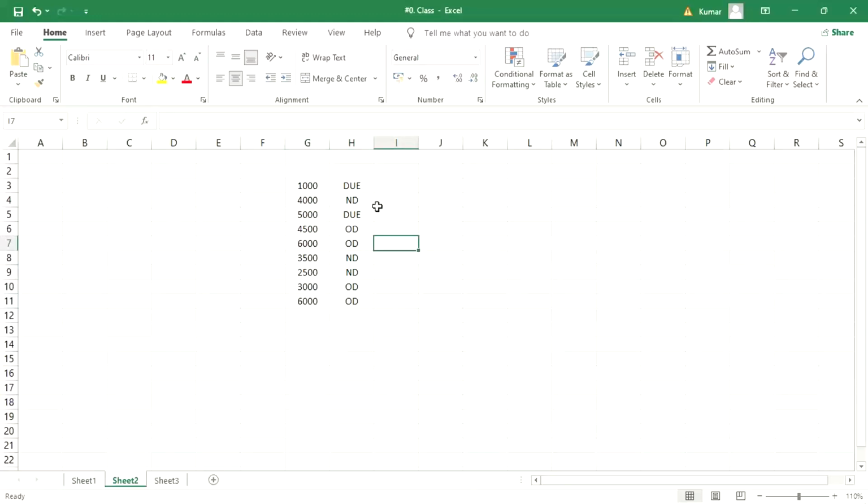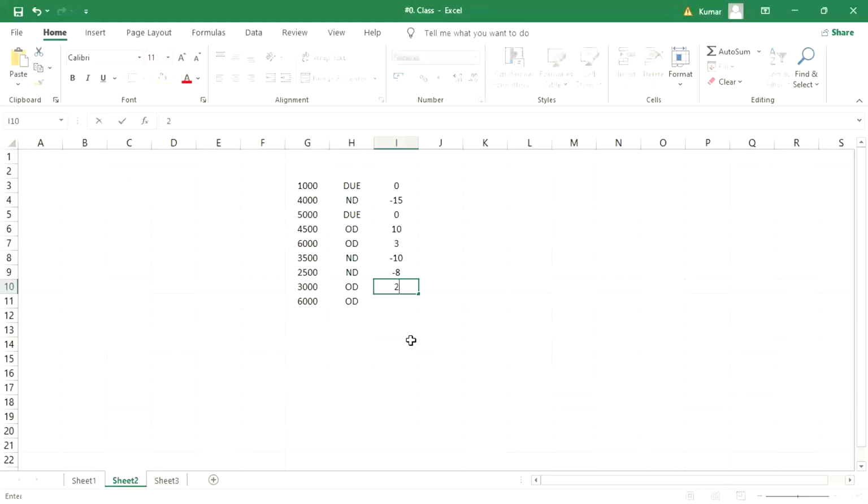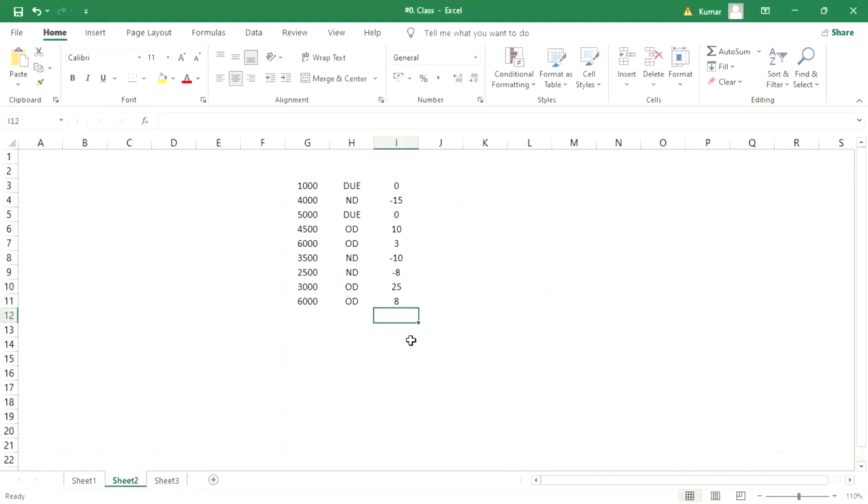Now the second thing: let's suppose due 0, not due -50, due 0, overdue, not due, overdue. So we can say 25 days and 8 days.